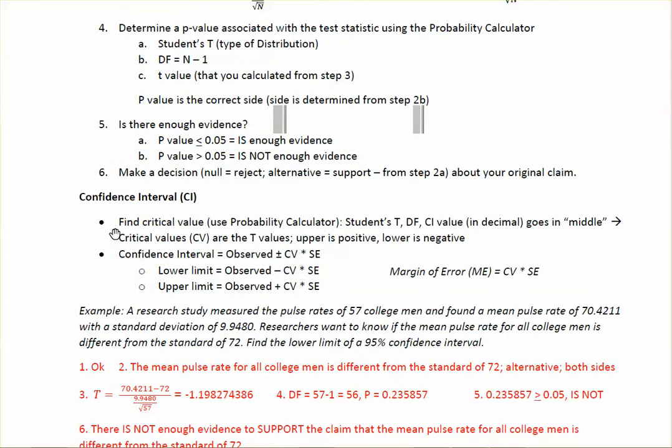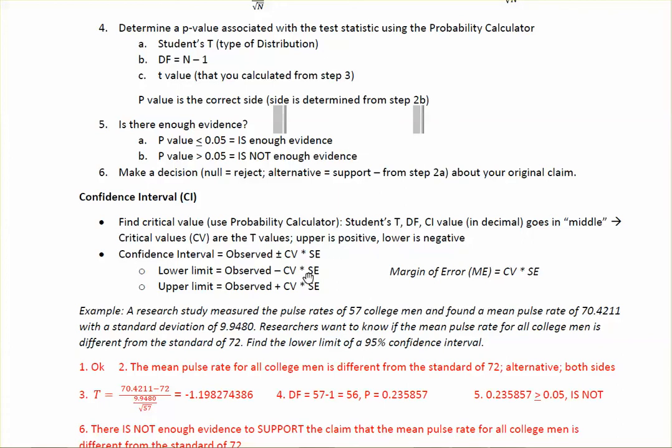And then we've got our confidence interval. Find the critical value, once again using the probability calculator, and we do that using the student's t, degrees of freedom, and the confidence interval value in decimal goes in the middle. We use that to find the critical value, and that's the actual t-value, where the upper is positive, the lower is negative.